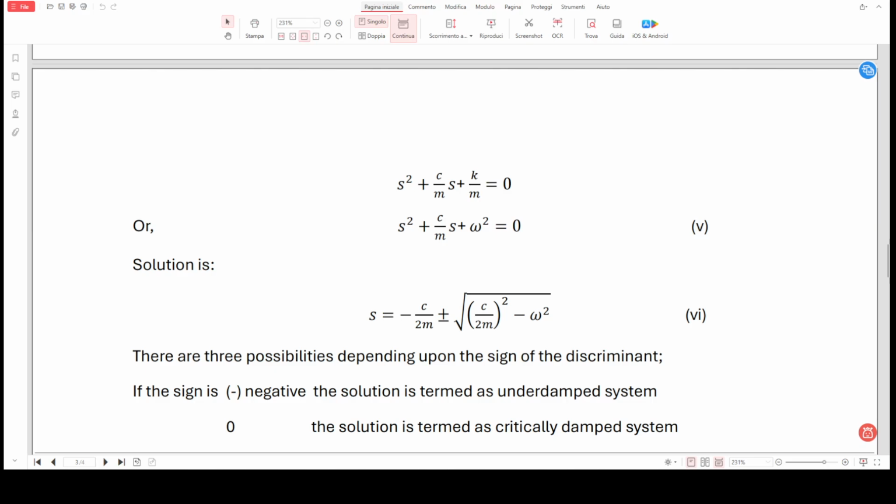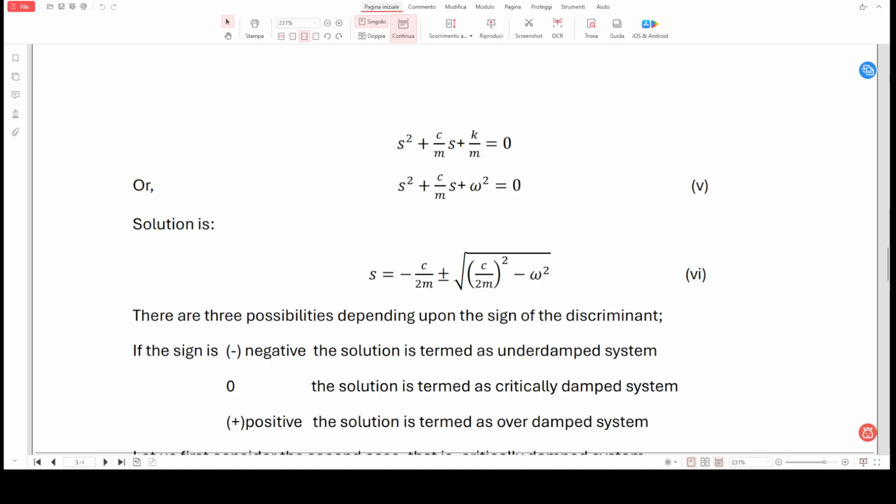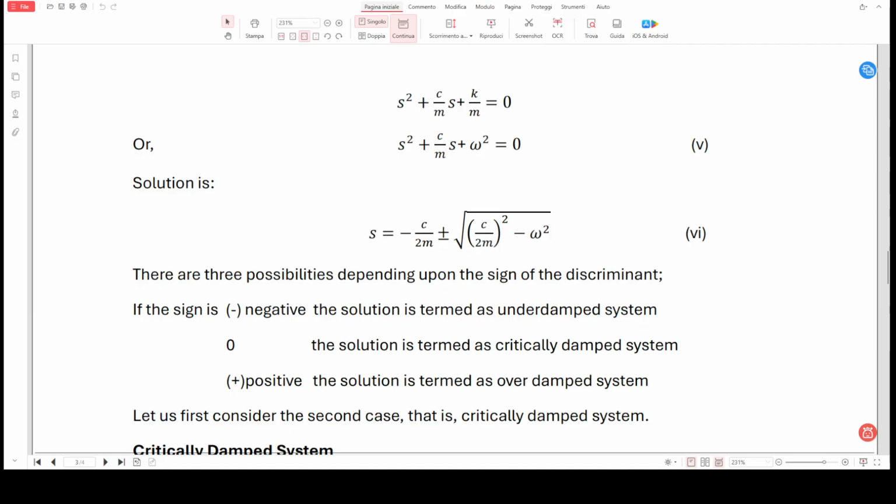This is a second order equation. The solution is s equal to minus c divided by 2m, plus or minus the square root of (c divided by 2m) squared minus omega squared.